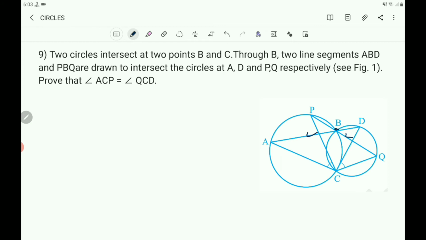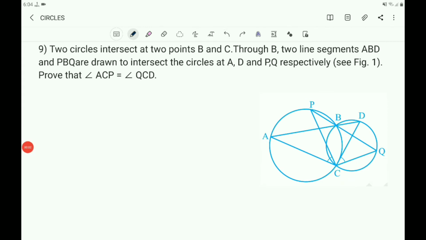They intersect the circles at A, D, P and Q. Here PBQ intersects the circles at P and Q, and ABD intersects the circles at A and D.